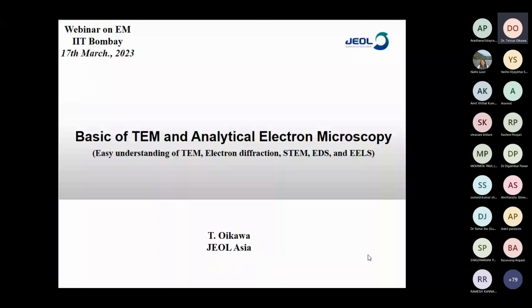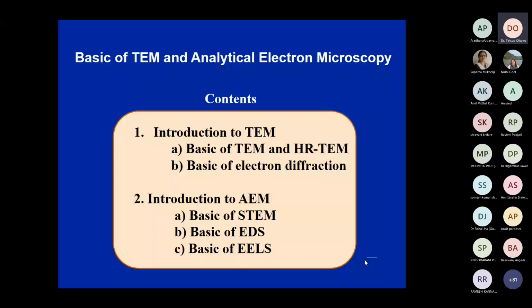Today's subject is entitled Basic of TEM and Analytical Electron Microscopy. In this talk, I'd like to introduce the basic principle of TEM and diffraction and analytical electron microscopy. The contents are listed like this.